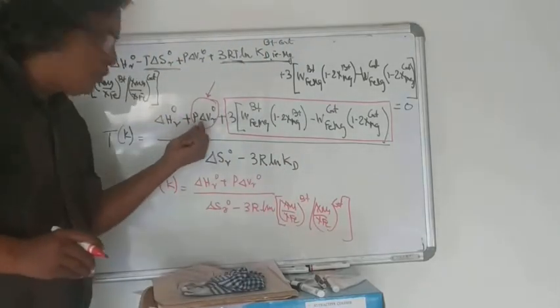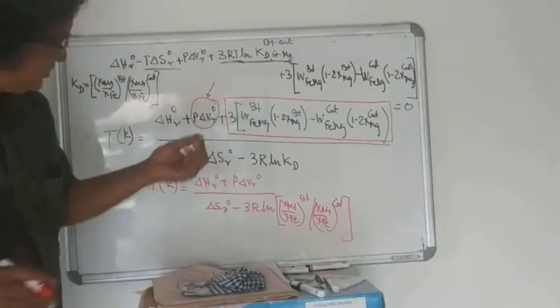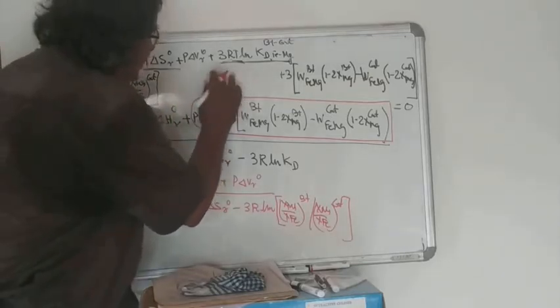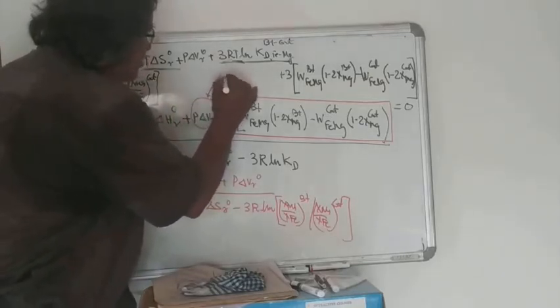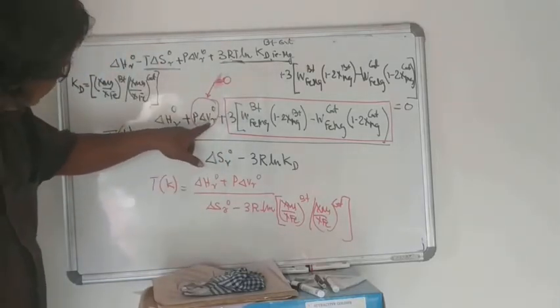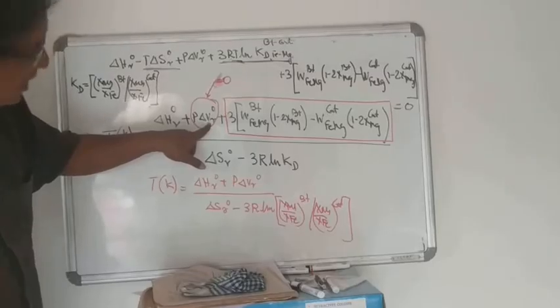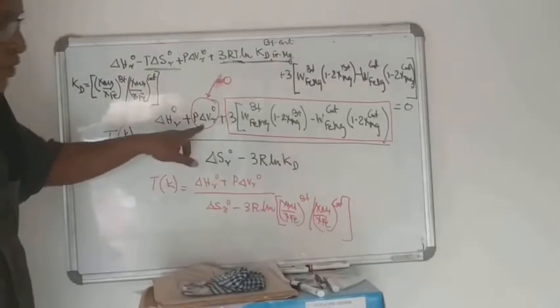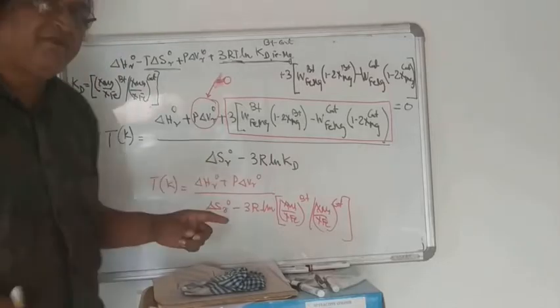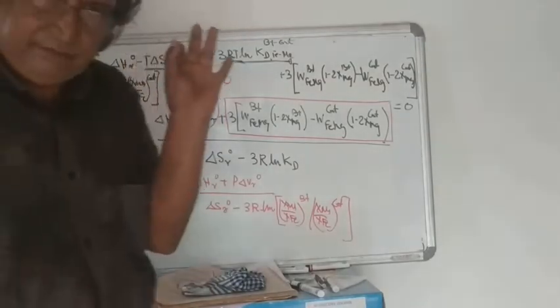So if you are talking of low pressure conditions, then you can almost ignore this. It will be almost equal to 0. If you're working at low pressures and delta VR0 being small, this will have almost no effect. So in this expression, P delta VR will have almost no effect.